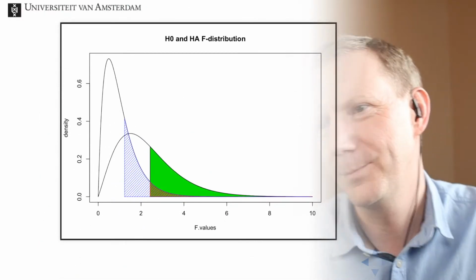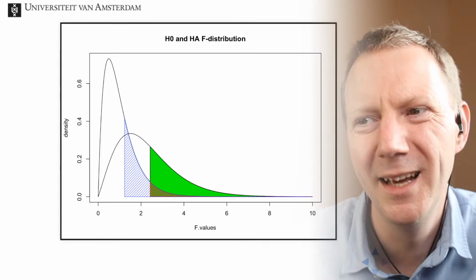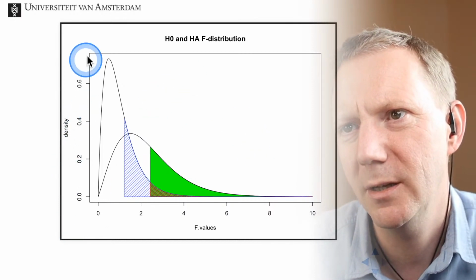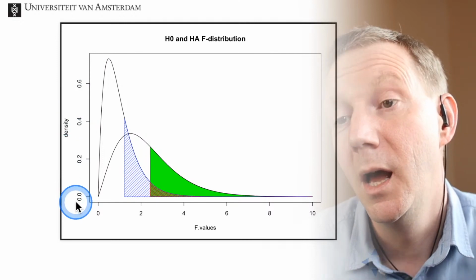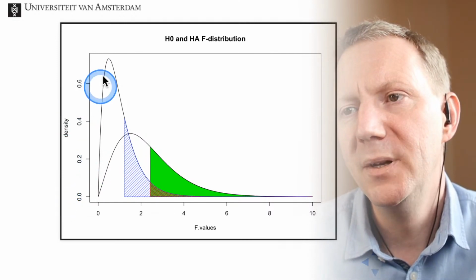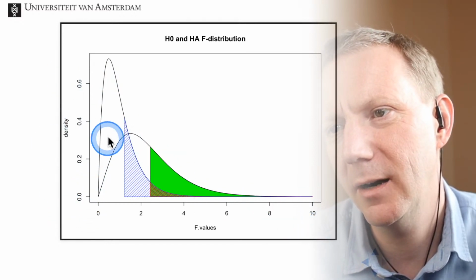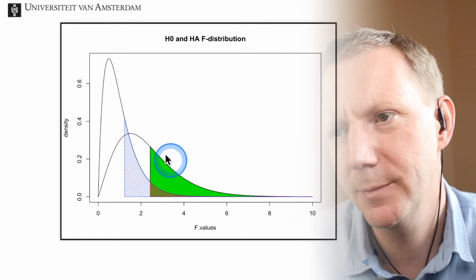just a little bit of this. Here I've plotted the same results: the null distribution of the F and our alternative distribution.